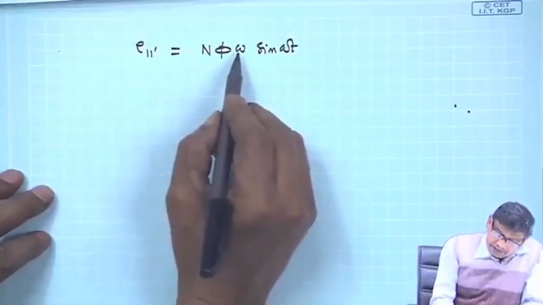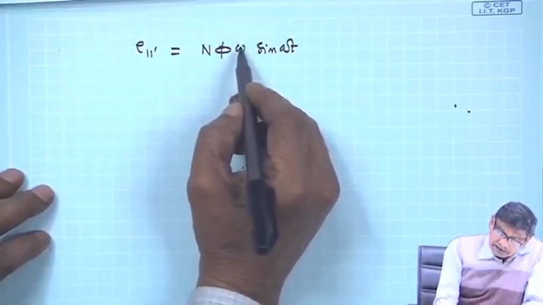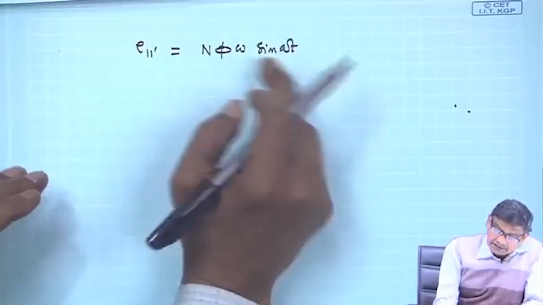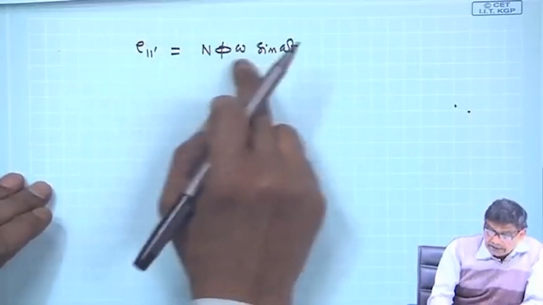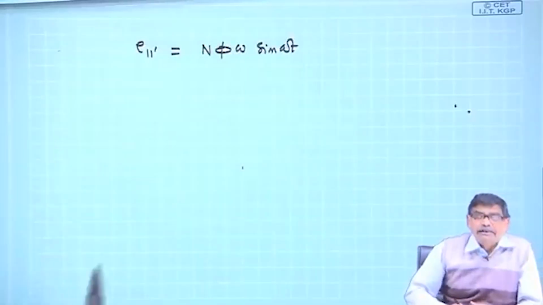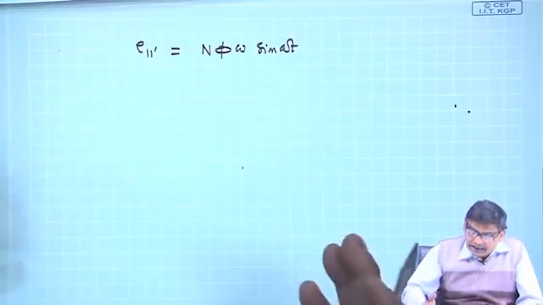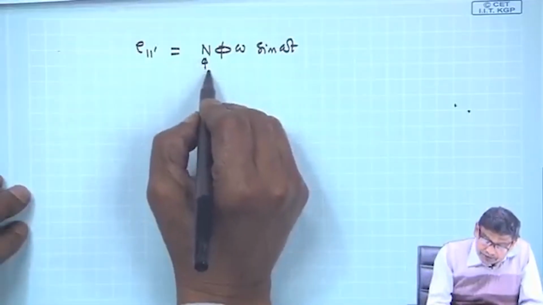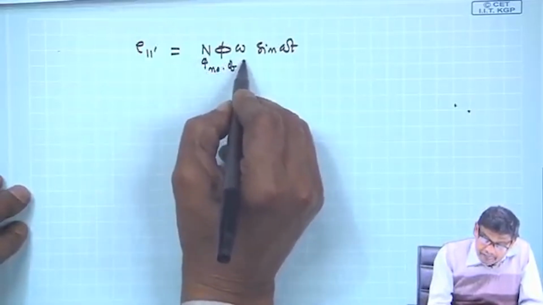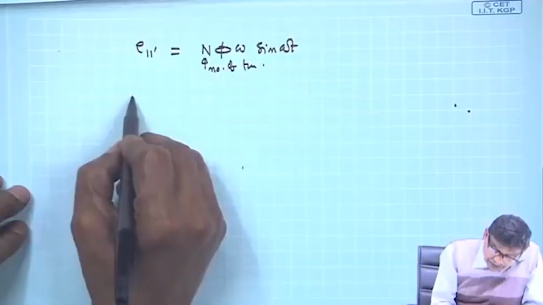Therefore, here omega is the speed in radian per second, all electrical speed, phi is the flux per pole. You see, the dimensions of the rotor, D, L, radius, etc. go into it, and what is the N? Number of turns. So, what will be the RMS voltage?